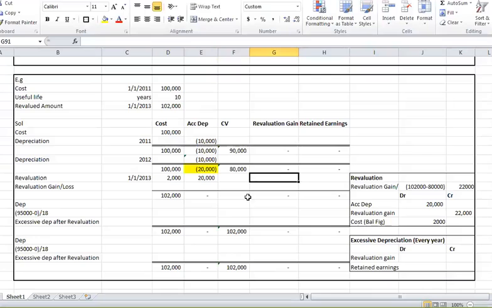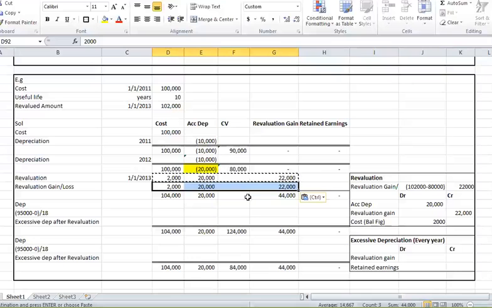And revaluation gain is credit, and the revaluation gain on this asset is 22,000.